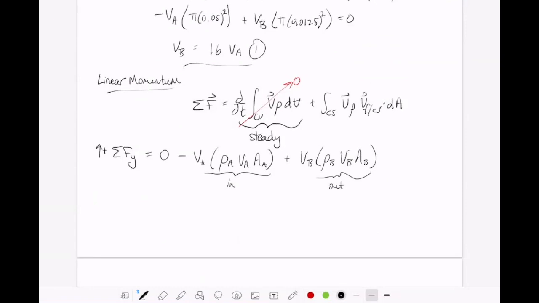So if we simplify this, we have our sum of the forces in the y direction equal to our density, which is just the density of water, rho water, and all we're left with is VB squared times AB minus VA squared AA.